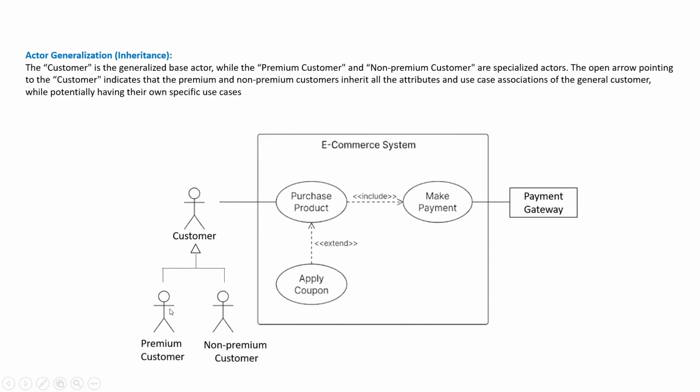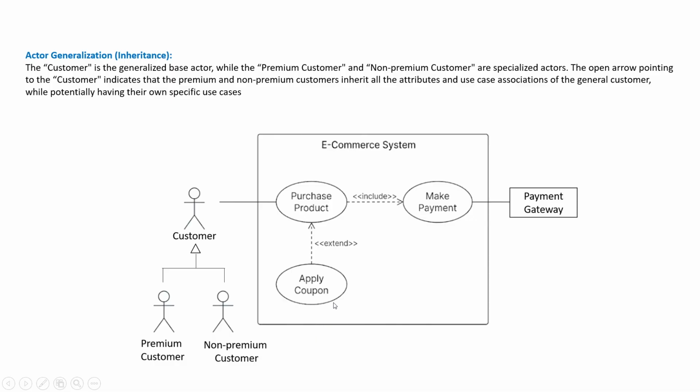But let's say only premium customers can apply a coupon discount. Then we would have a separate use case over here that we only link our premium customer to. And let's say a non-premium customer has the use case that they are able to apply for premium membership.